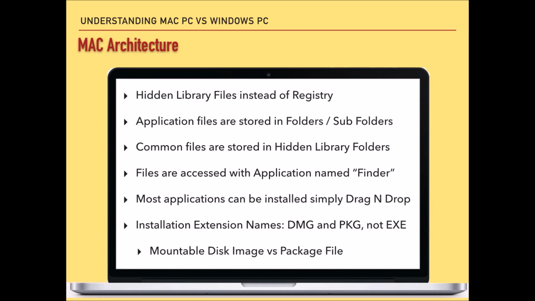So there is a difference between the Mac and Windows in the types of installation file names. So a disk image file is a mountable disk image, whereas a package file is something that's going to execute and maybe ask you questions along the way.